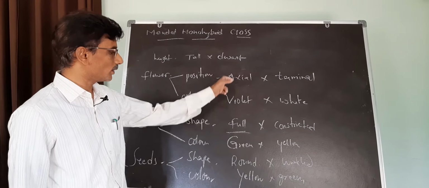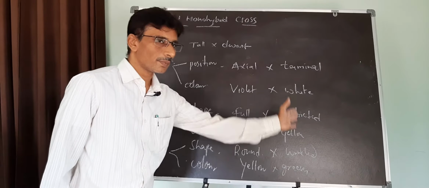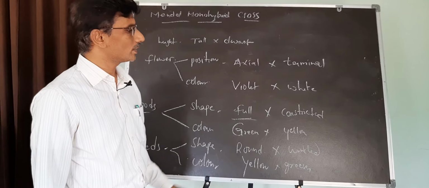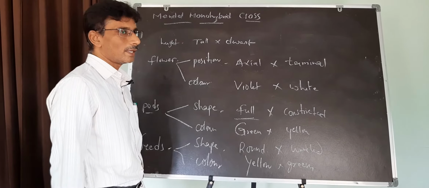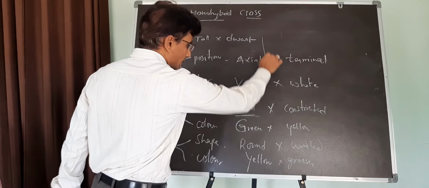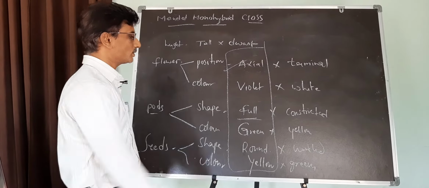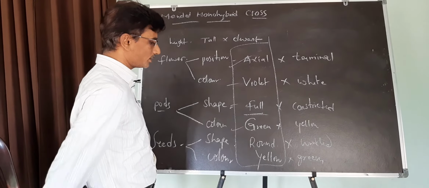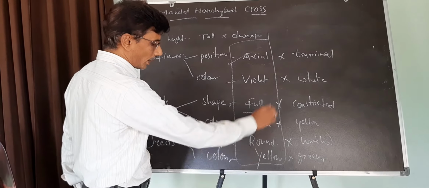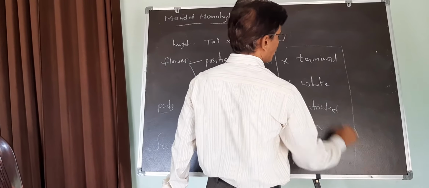Why? Because the first written character is dominant over the next written character. That's why in the F1 generation all plants mainly produce these characters only: axial flowers, violet flowers, full shaped pods and green pods, and also round seeds and yellow seeds. So this character disappears.